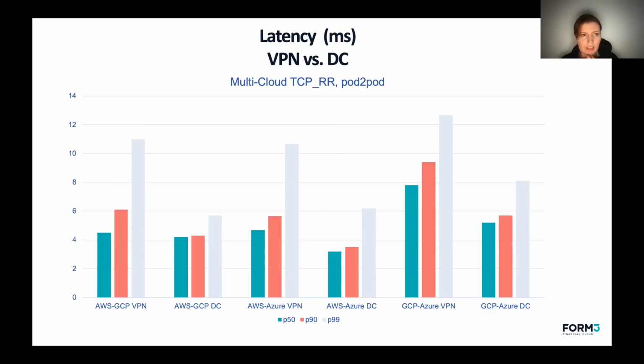So for direct connectivity, we have around 5 to 6 milliseconds latency across clouds, and for VPN, we have over 10 milliseconds, hitting over 12 milliseconds for GCP and Azure VPN connectivity.